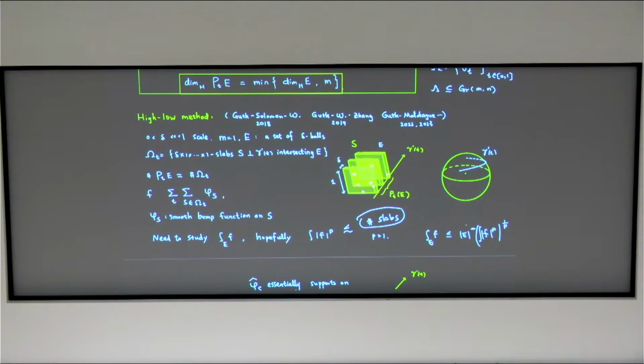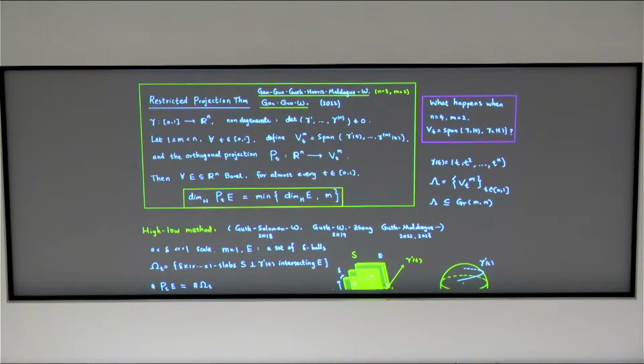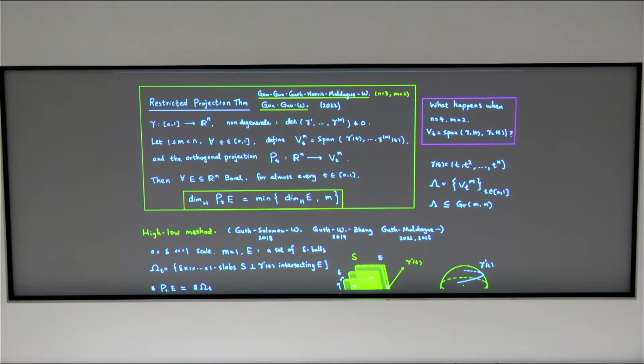So you might say that the study of local smoothing inspired us to study this restricted projection, because to study higher dimensional local smoothing problems, you also have to overcome some Kakeya type problems. So I think, yes, it would be helpful. I'm just trying to say that things go in two directions.